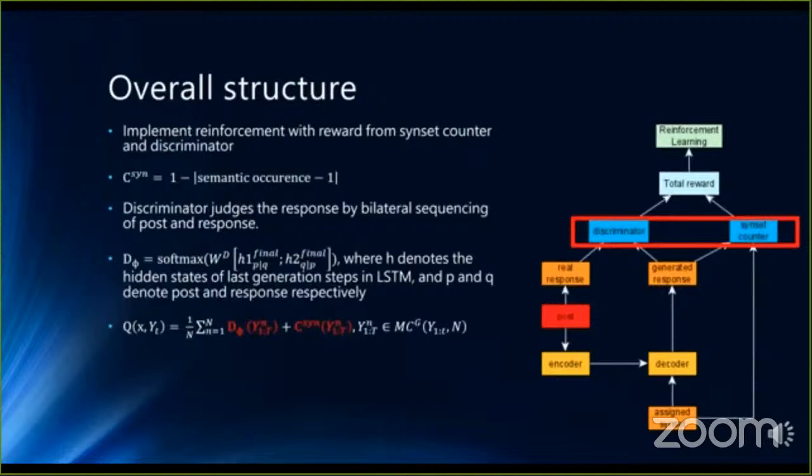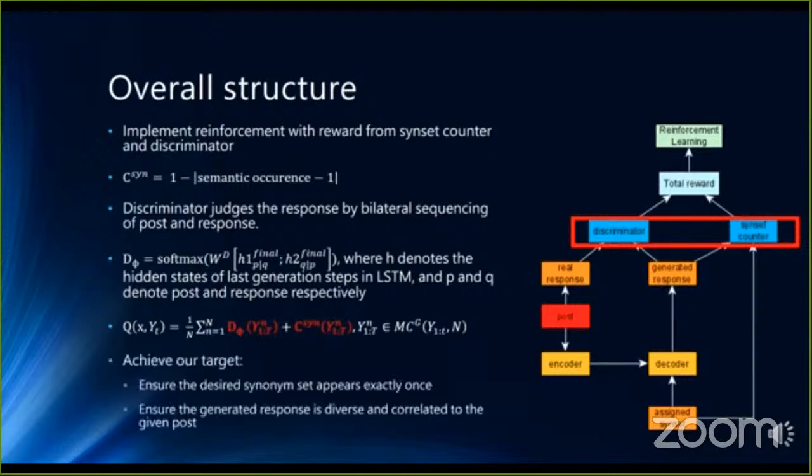The final hidden state of the two LSTM networks will then be used to generate the reward value of the discriminator. After summing up the reward value from both discriminator and sense counter, the total reward will be implemented in reinforcement learning. Finally, we have achieved our goal to ensure that the desired semantic will appear exactly once, and also the generated response will be diverse and correlated to the given post.